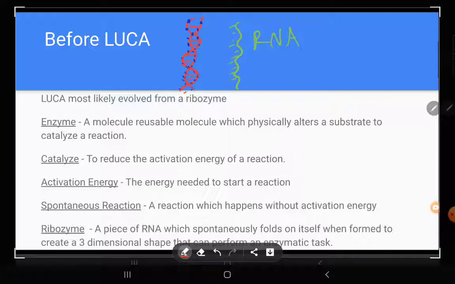One really cool thing about this is that RNA can actually fold on itself. You see all of these bonds in here for DNA, they're tied up. But RNA can fold on itself, with those A's going to U's and those C's going to G's.